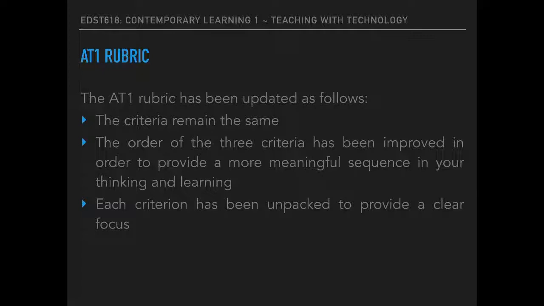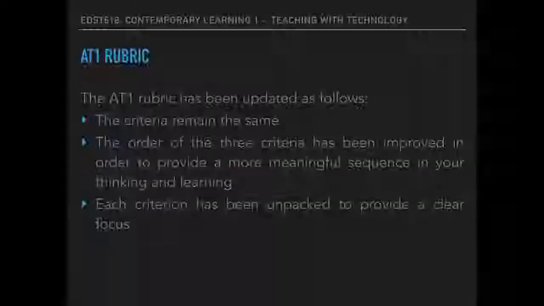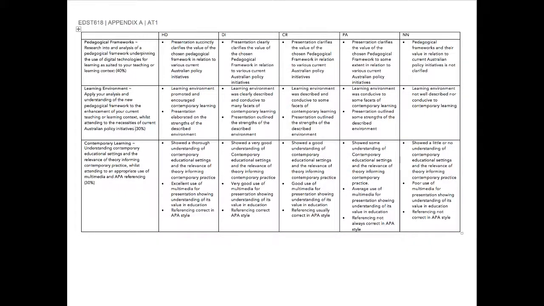So I'm now going to go through the 3 criteria and just explain how they've been unpacked a little bit. When you look on Leo and you look at the new assessment number 1 rubric, it'll look something like this.